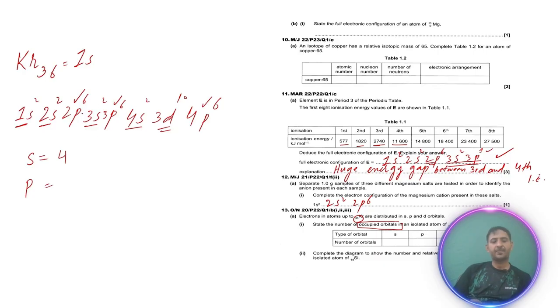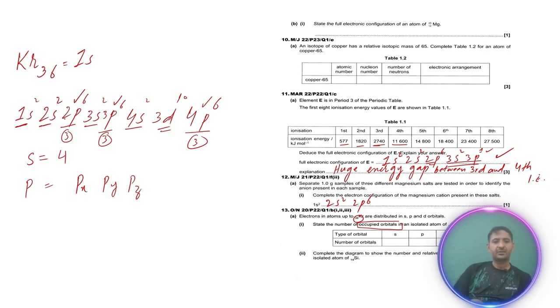2p6, you can see p is equal to px, py, pz. 1p is equal to px, py, pz. Okay, you have 2p6, 3p6 and 4p.